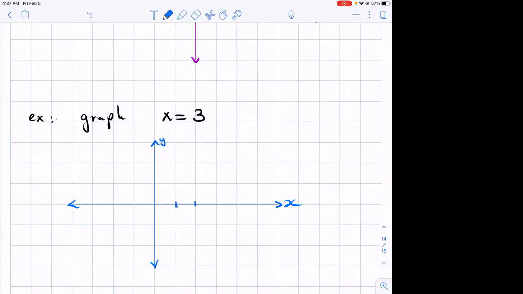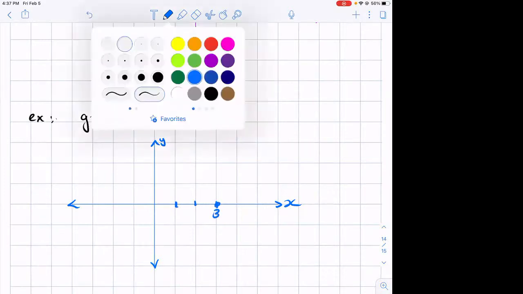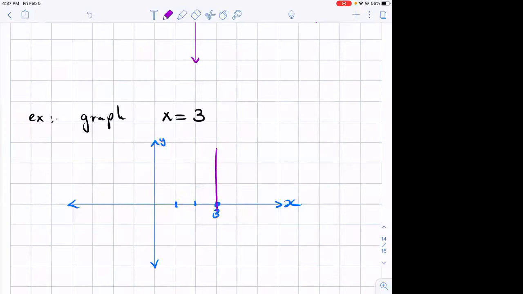So we have 1, 2, 3. This is the point. And draw a vertical line through that point. And this will be the equation x equals 3. So these are two sort of odd ones, right?